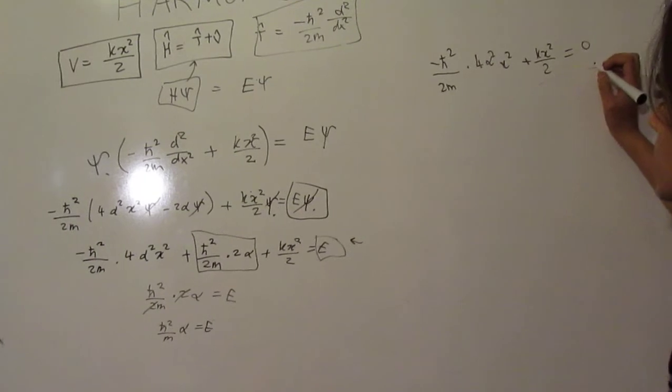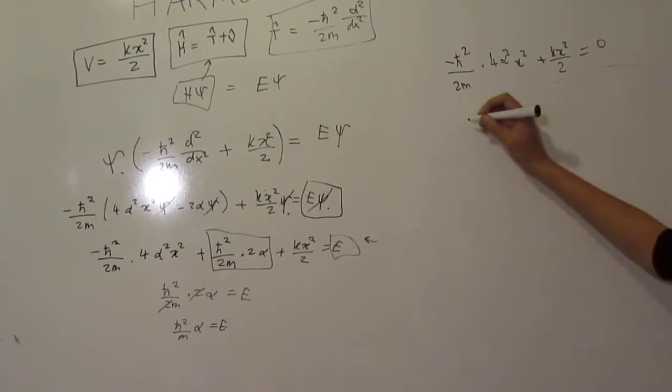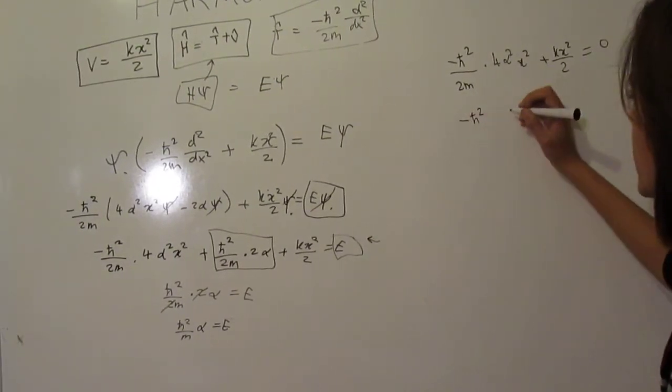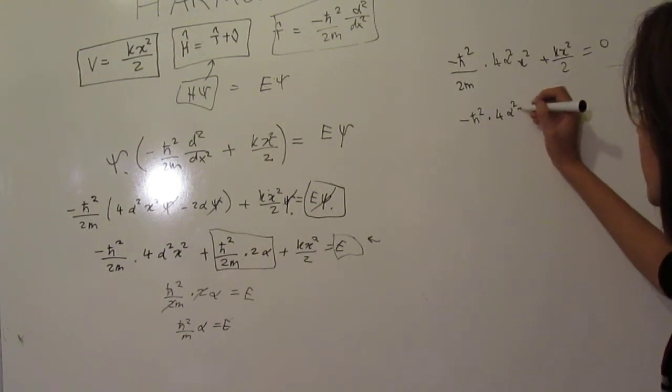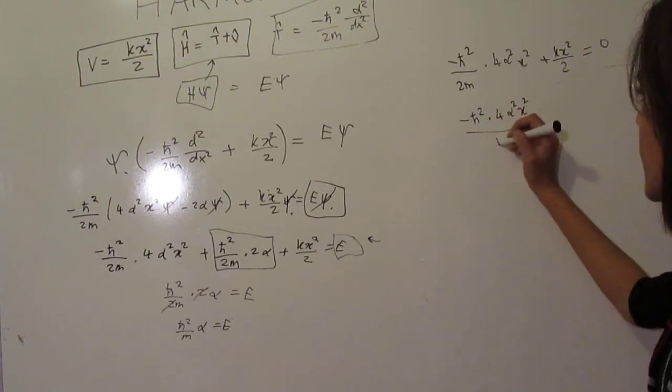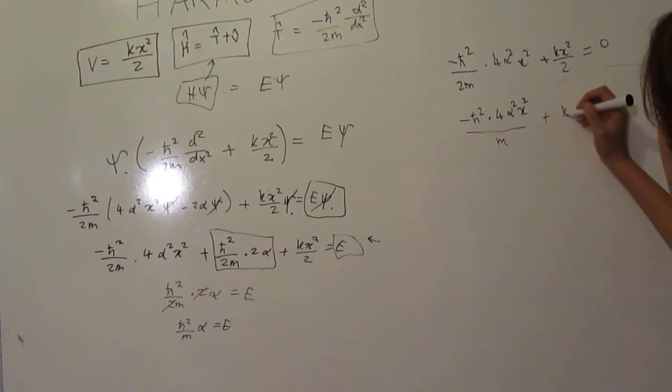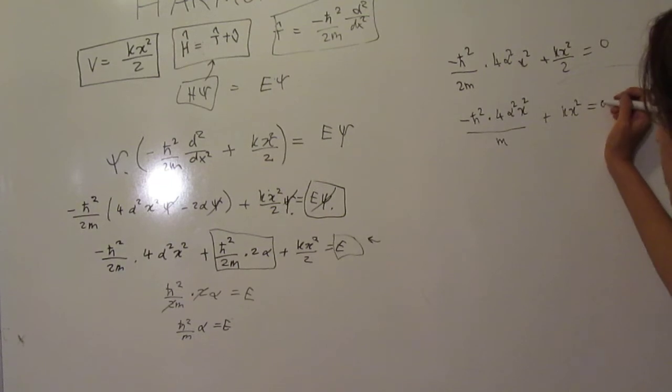Let's times everything by 2, so we've got minus h bar squared times 4 alpha squared x squared over m plus k x squared equals 0.